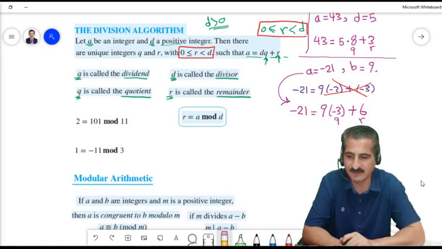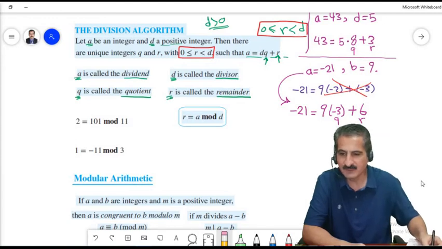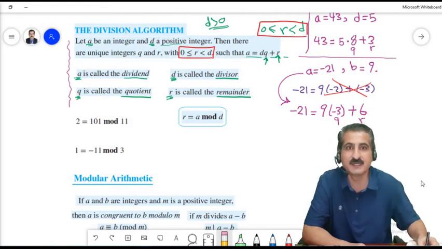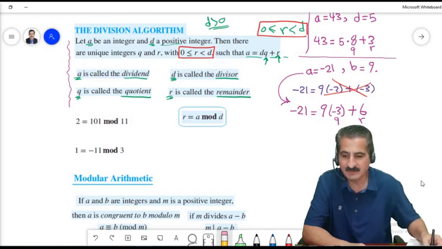Good? Now once we divide A by D according to these notations, and the remainder is R, then we will say R equals A mod D, where mod is written in bold.